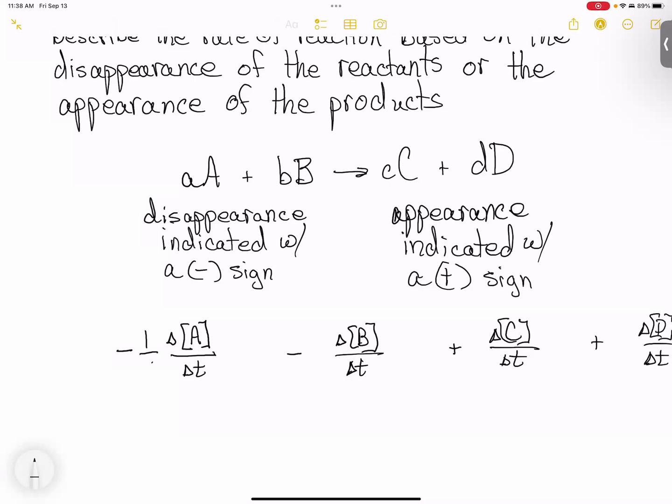So it's actually 1 over a times the change in A is equal to the negative of 1 over b times the change in B, is equal to the positive of 1 over c times the change in C, is equal to the positive of 1 over d times the change in D. Again, these pieces that I just added, the 1 over the coefficient, are simply to make whatever's happening to A equivalent to whatever's happening to B, by taking into account their coefficients.